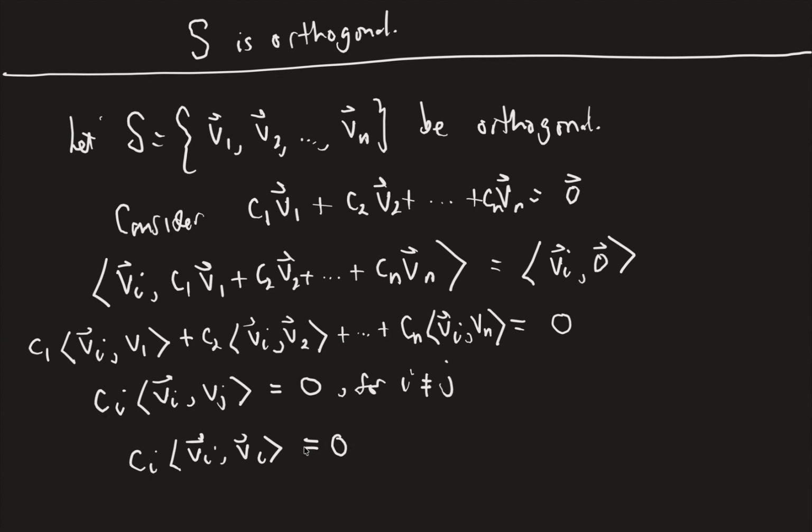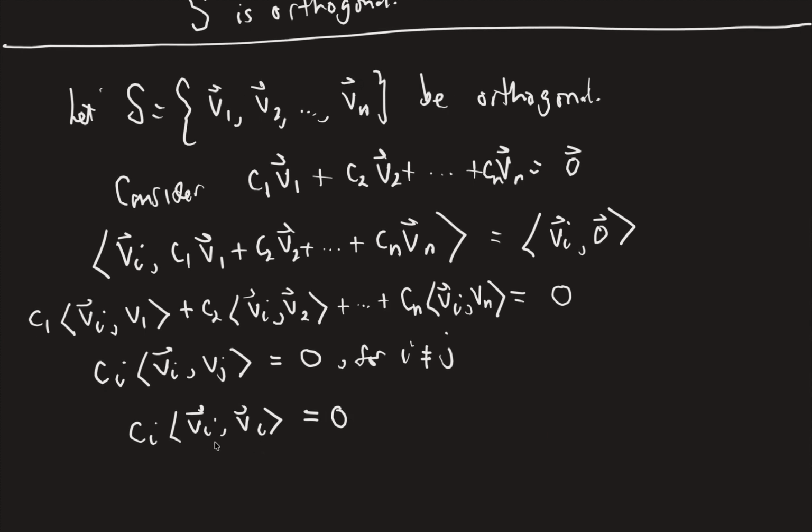Now remember what we had said. When you take the inner product of a vector with itself, you're going to get a non-negative quantity. So this term right here is not equal to 0. So in fact, let's write it like this: ci, and we know another way to write this would be the norm of vi squared. That has to be equal to 0.